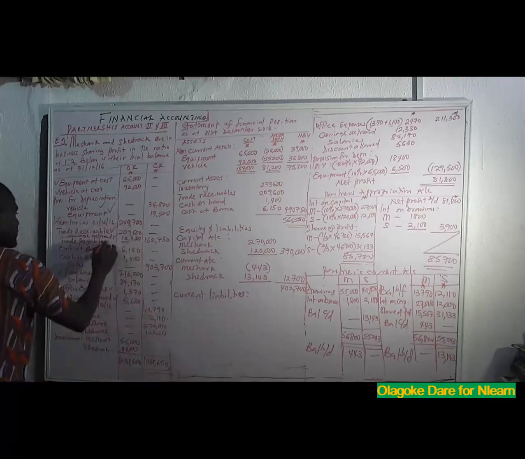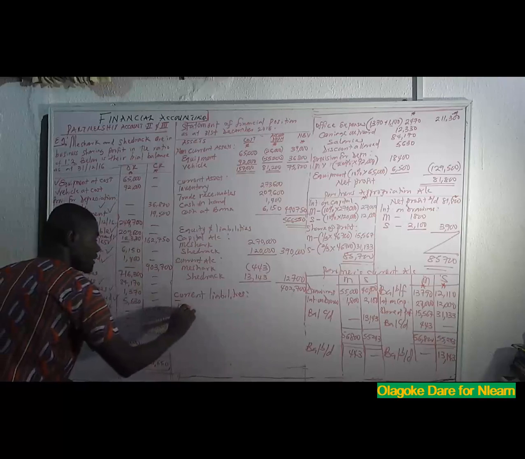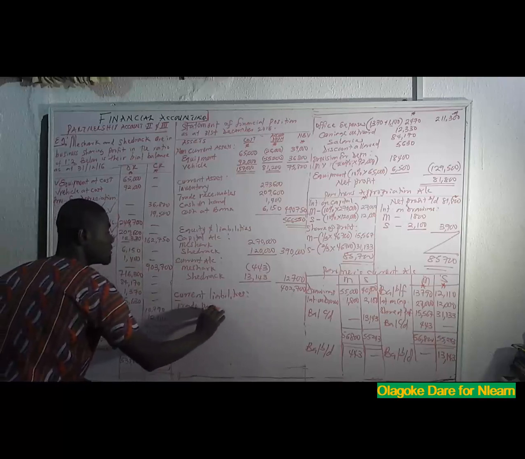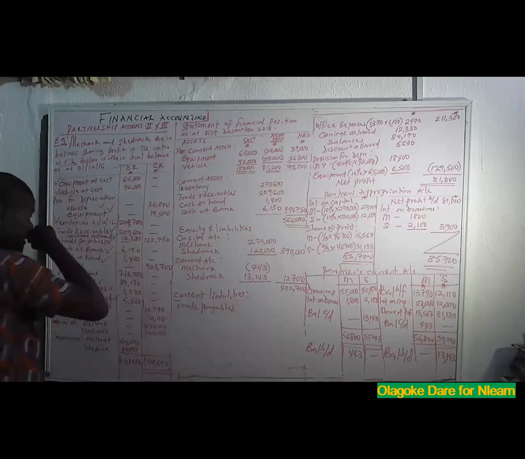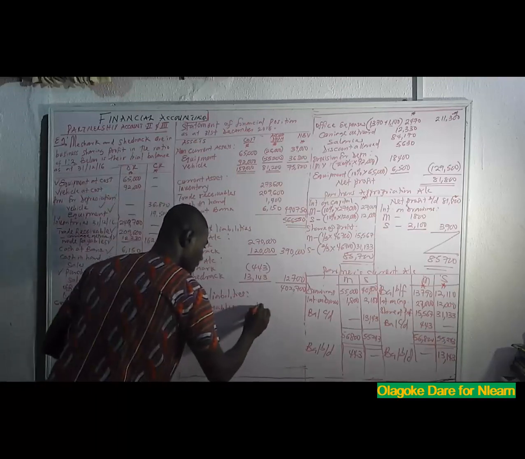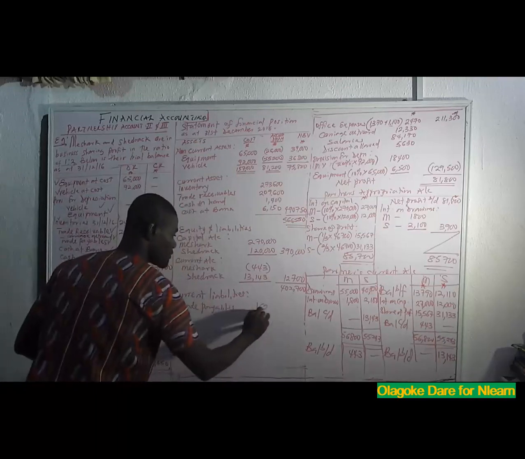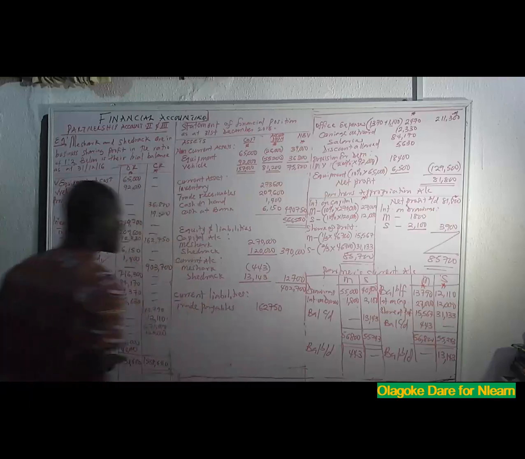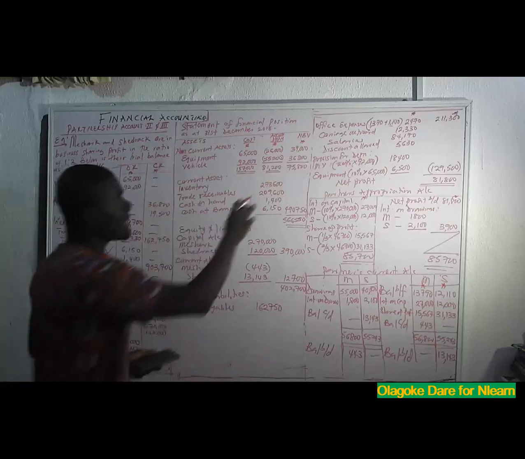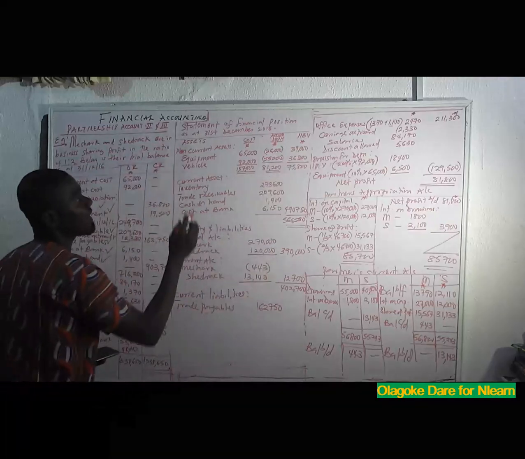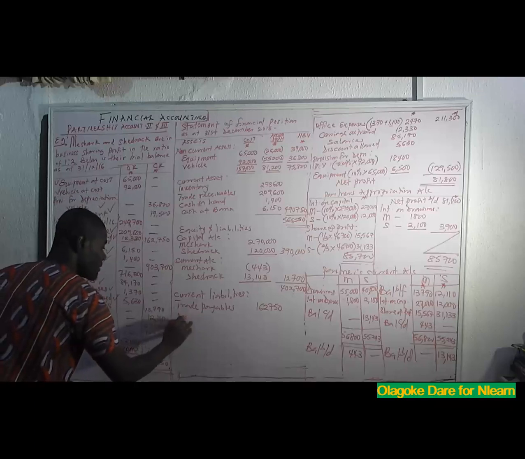The first is trade payables. My trade payables is 162,750. Then don't forget that we have office expenses accrued.